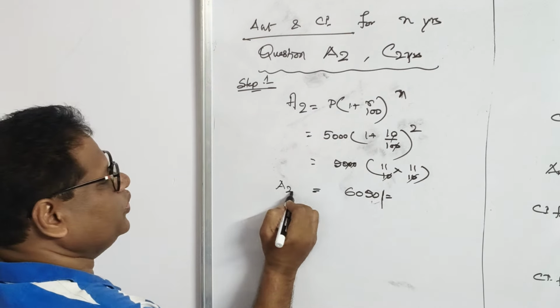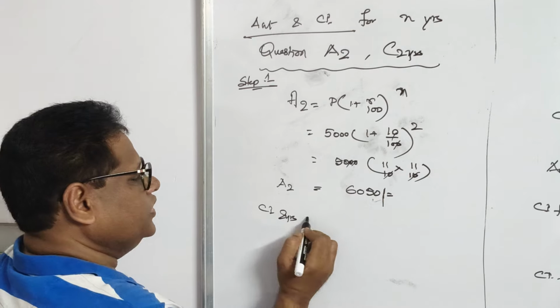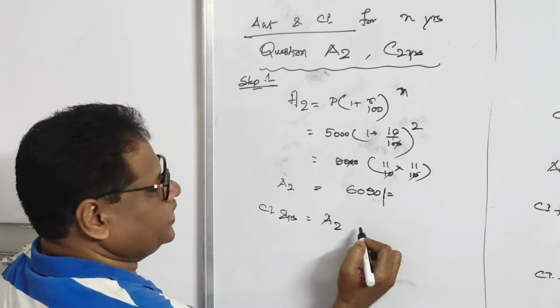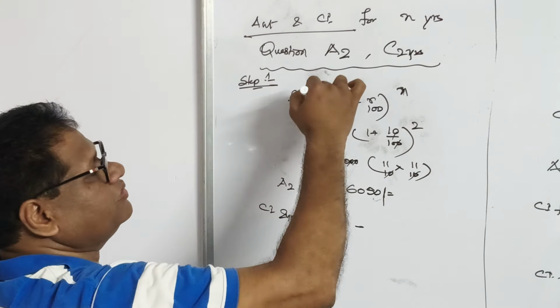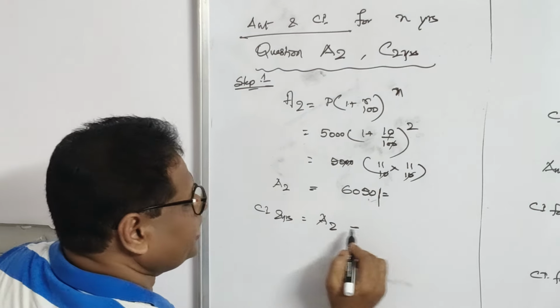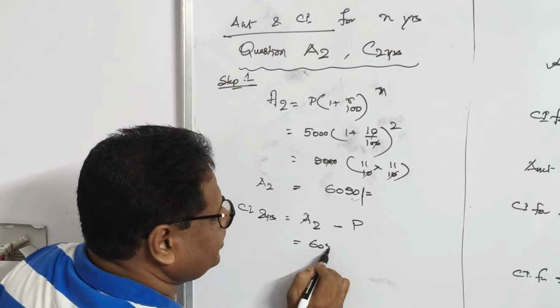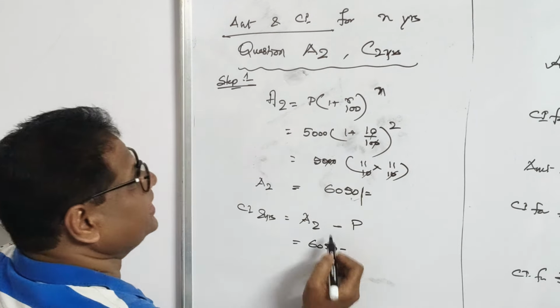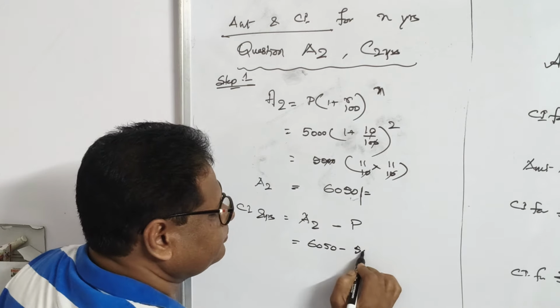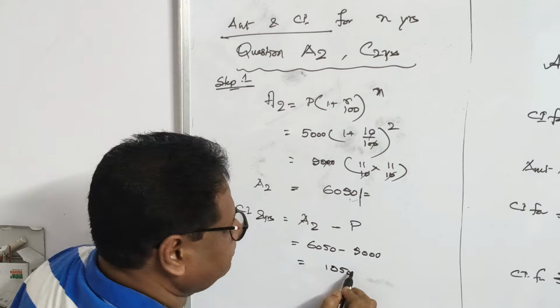So this is the amount for 2 years. Now what about the CI for 2 years? This is equal to amount for 2 years minus original principal. Okay, the original sum of money that has been lent out. So it comes to A2 minus P. So A2 is what you got, 6050, minus the principal 5000. So it is coming 1050.